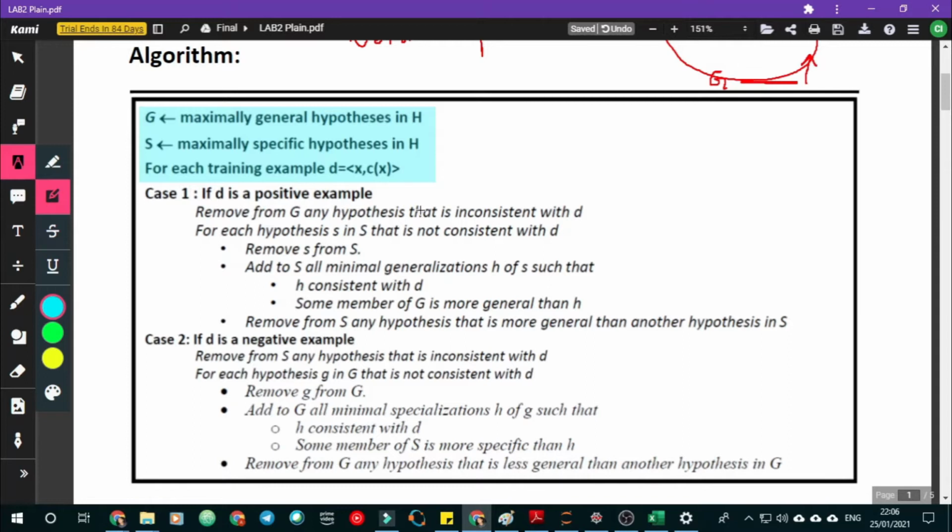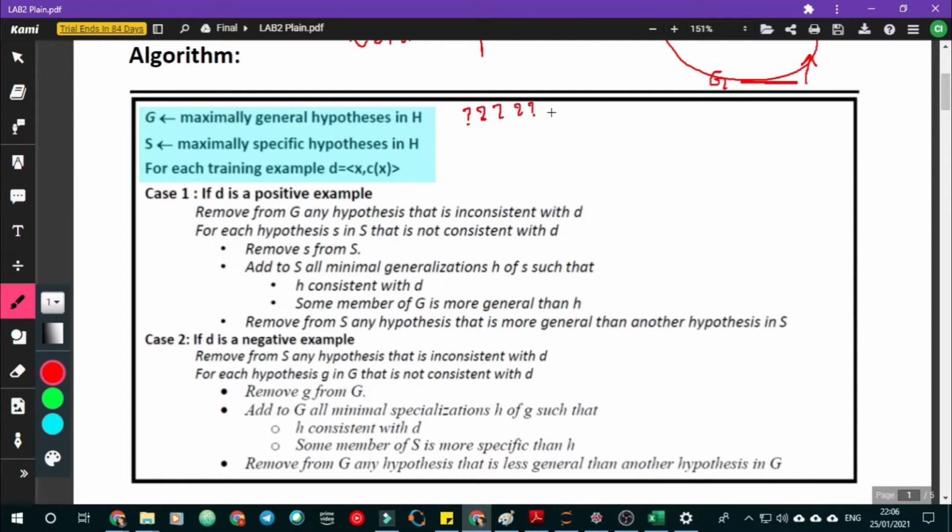And we already know that a general hypothesis is question mark, question mark, and so on. The number of question marks will be the number of attributes. However many attributes we have, that many question marks we have in the hypothesis. There is no change in it, but the only change here is the dimension of the hypothesis, which I'll discuss while I execute the program.